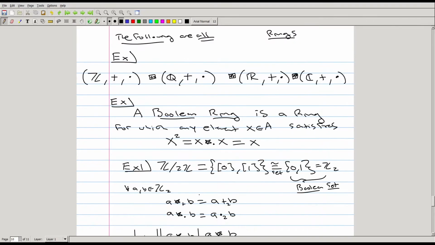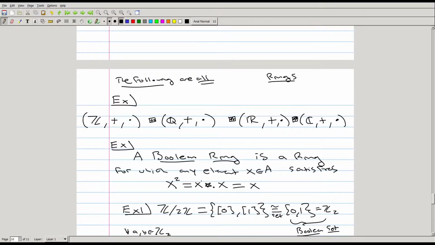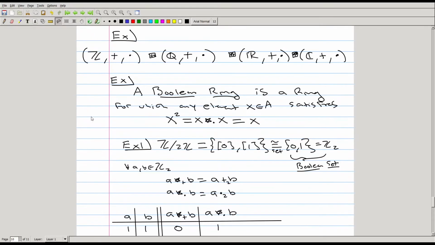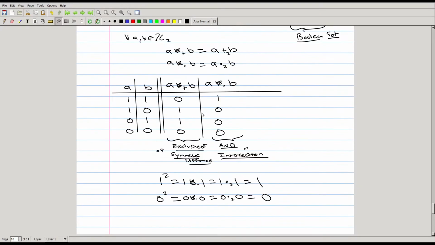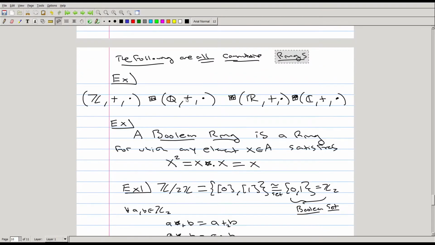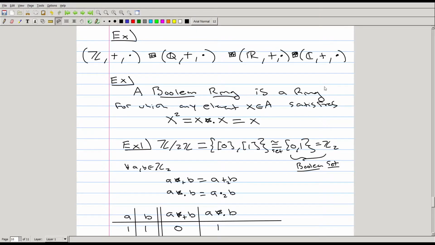And all of the previous examples are commutative rings, meaning the order of the multiplication operation doesn't matter. You'll get the same element regardless of the order. And even though it's a little bit more difficult to show, a general Boolean ring is also a commutative ring.